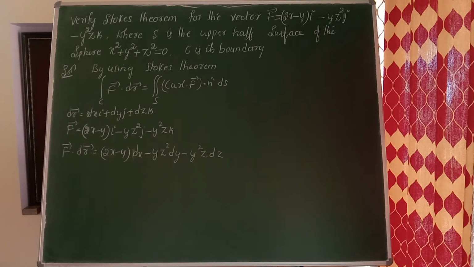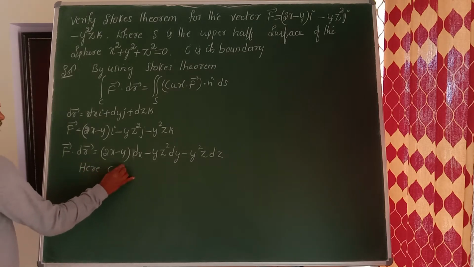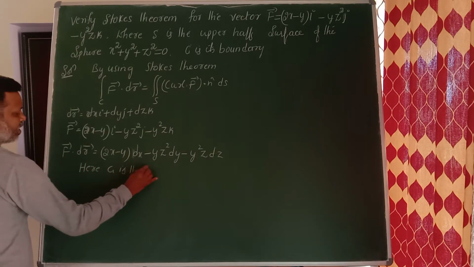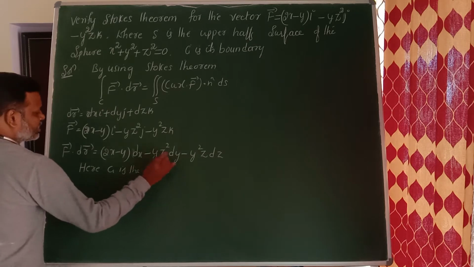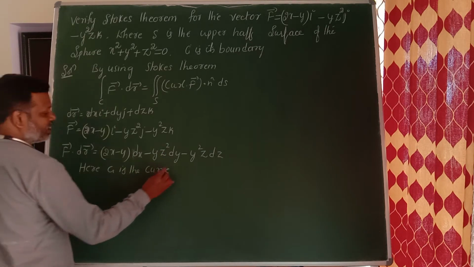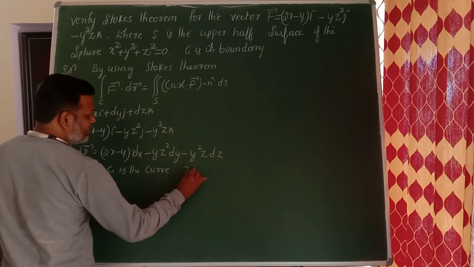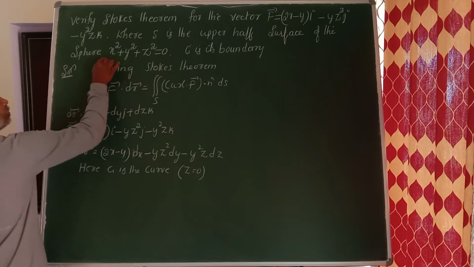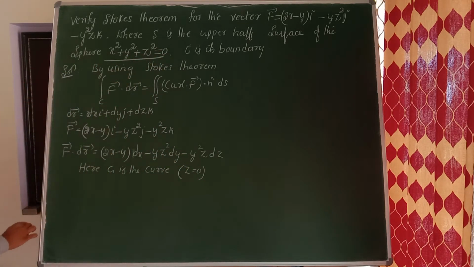Now have a look at this. Here C is the curve where z is equal to 0. The sphere is x squared plus y squared plus z squared equal to 1, with z equal to 0.